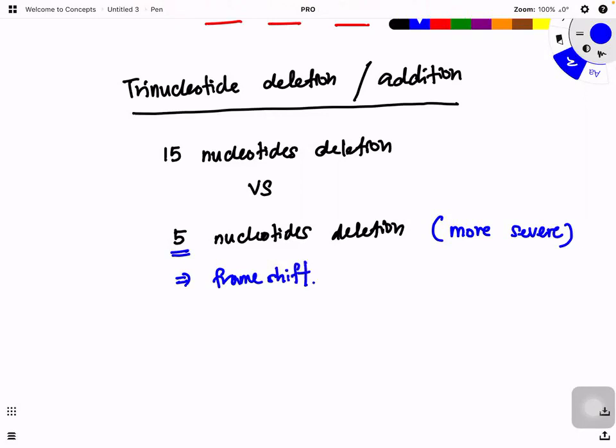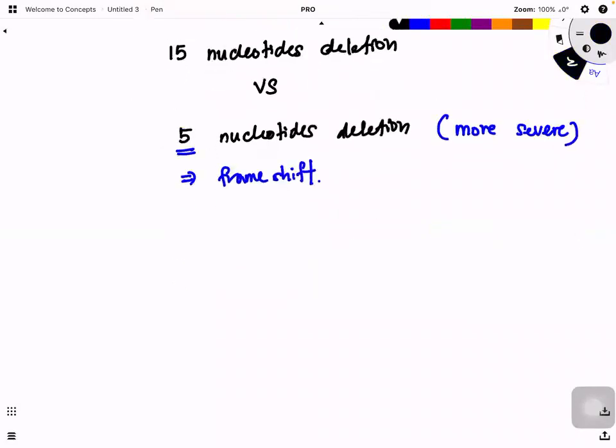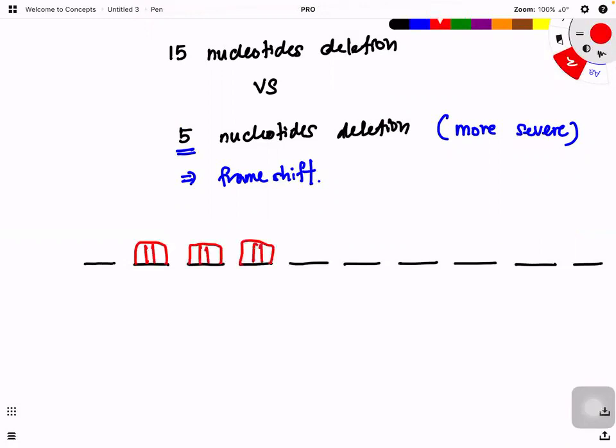But with a 15 nucleotide deletion, why is there no frame shift? Because with 15 nucleotides, it is 3, 3, 3, 3, 3, that is 1, 2, 3, 4, 5 triplets. So I delete here 1, 2, 3, 4, 5. There is no frame shift.